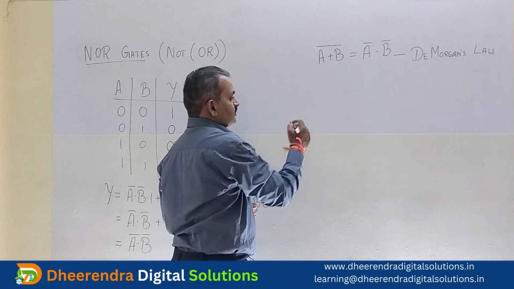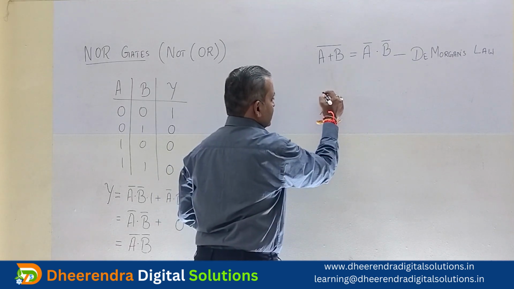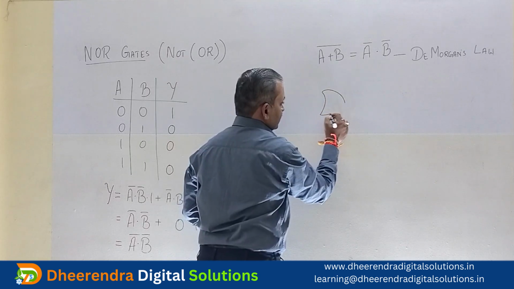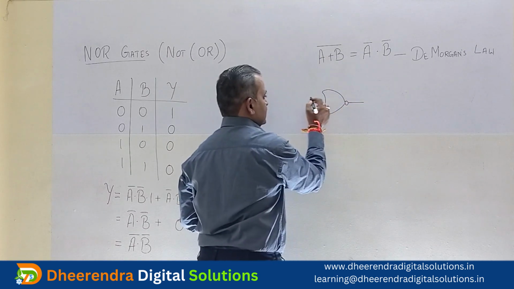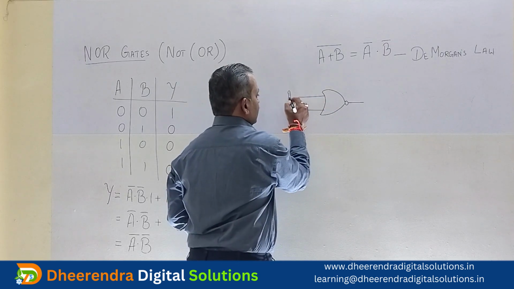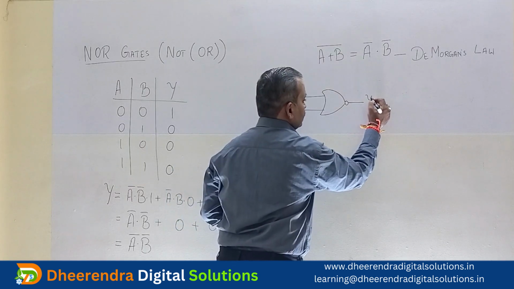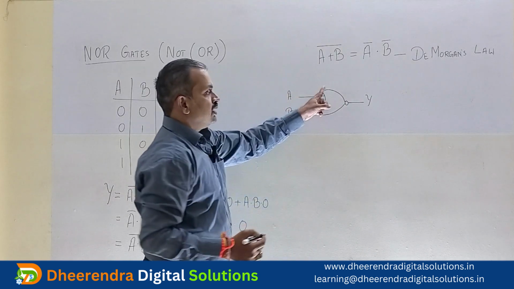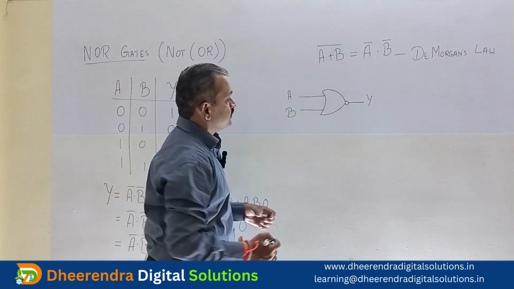Now, how do we represent the NOR gate? The NOR gate can be represented as this, followed by a bubble, which was used previously in the case of the NOT gate to represent complementation. Hence, over here, the NOR gate can be implemented as OR followed by a bubble, which indicates the NOR operation.